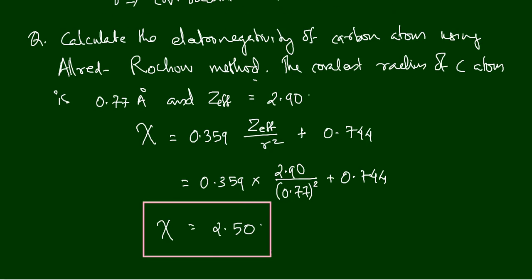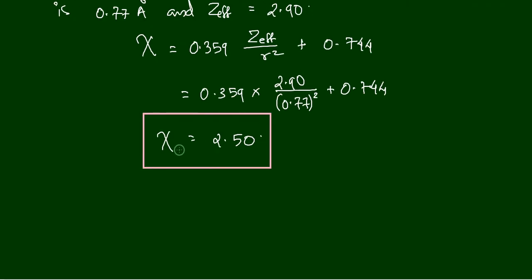Here chi C is equal to 2.50. So we are getting close values, right? 2.50 and 2.54 are close, and it means that we get almost similar, remarkably similar results in Allred-Rochow's approach when compared to Pauling's approach.